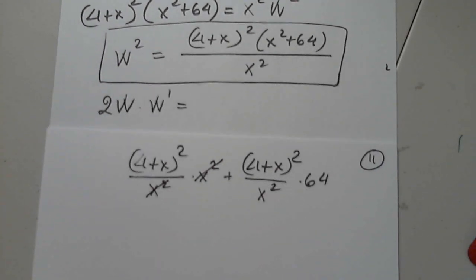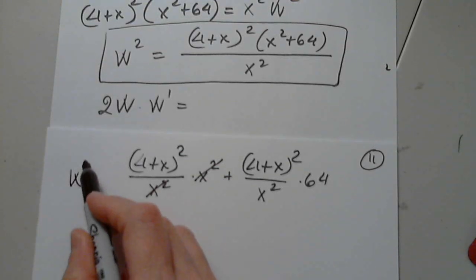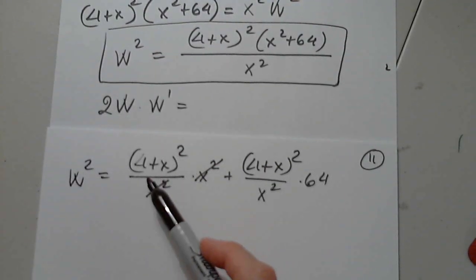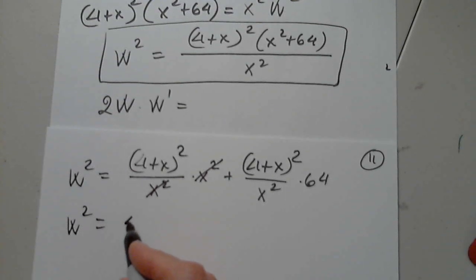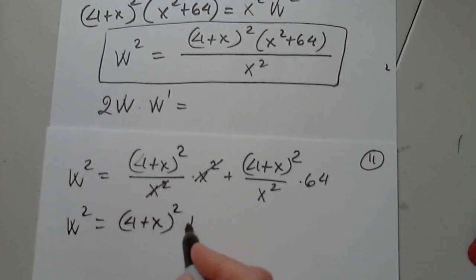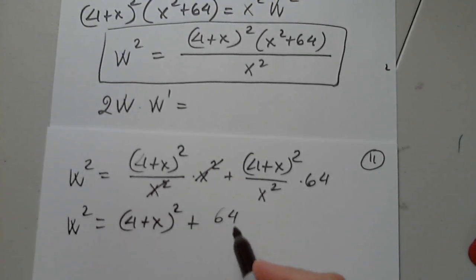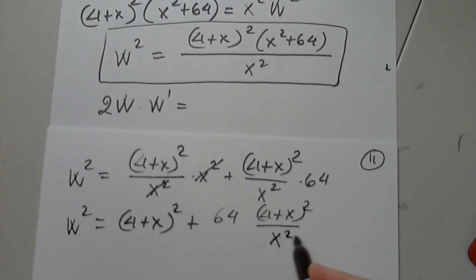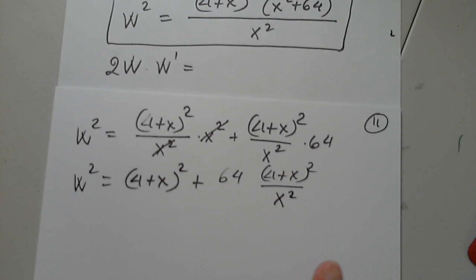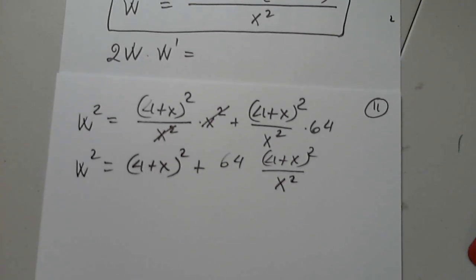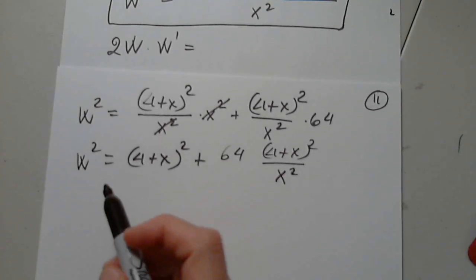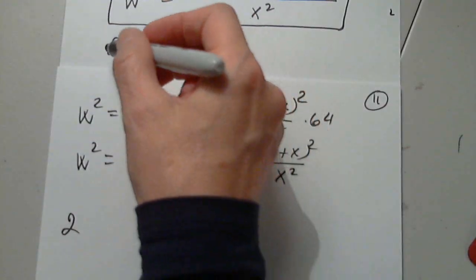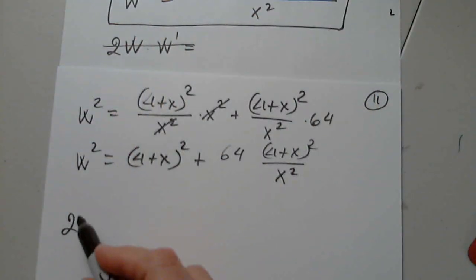So I got w squared equals 4 plus x everything squared plus 64, 4 plus x squared over x squared, which is a little bit more human, a little bit, not that much. So I will not continue here.